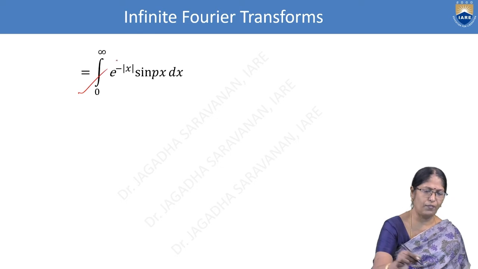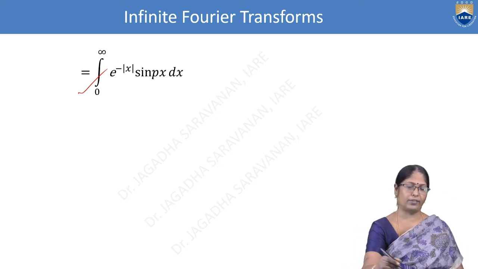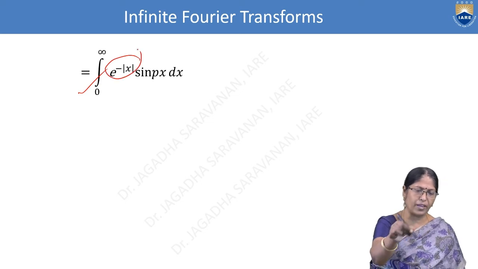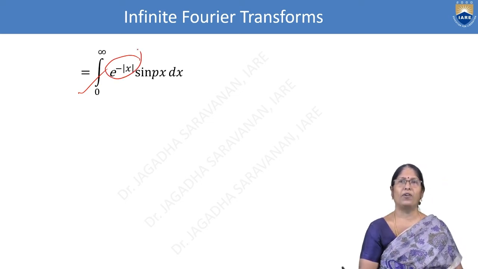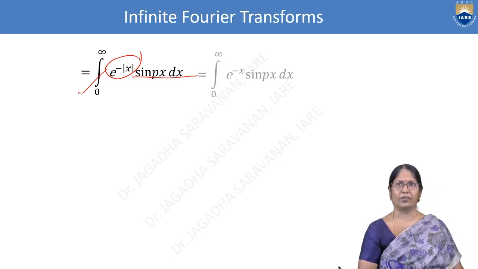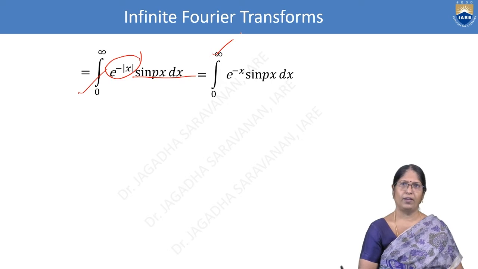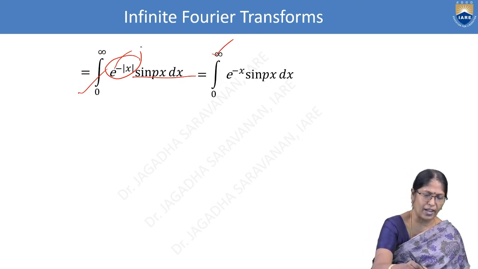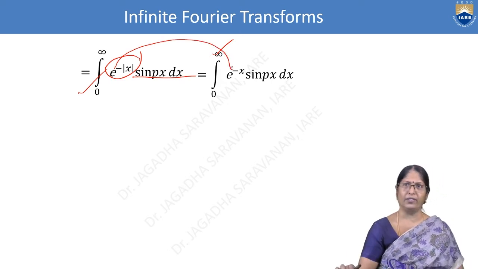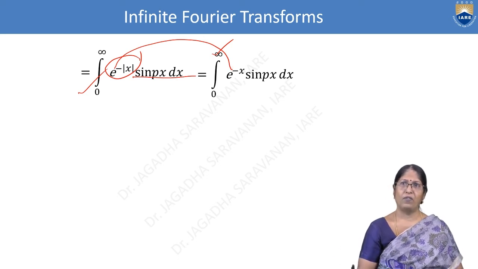So integral 0 to infinity, f of x is replaced by our function, e power minus mod x sine px dx. The minus sign we reproduced as it is, whereas mod x is written as x.